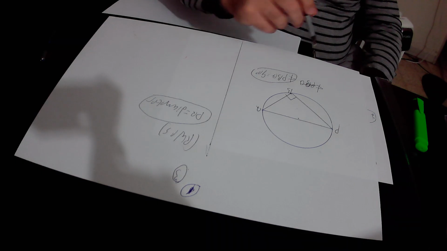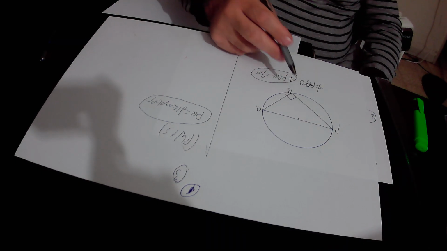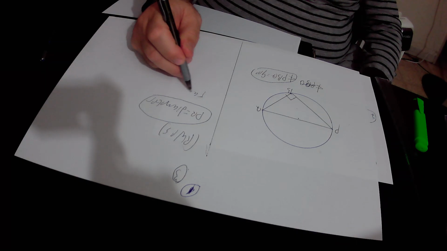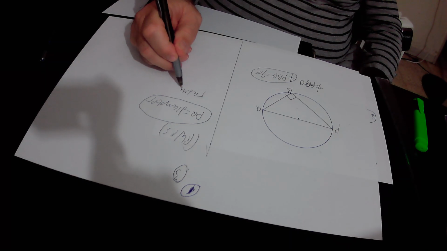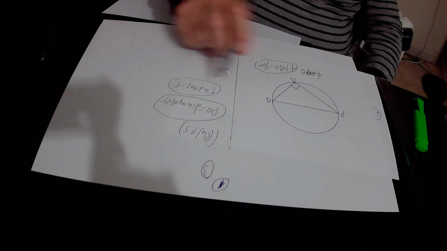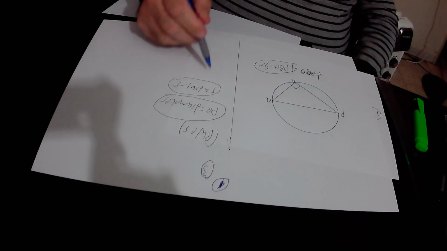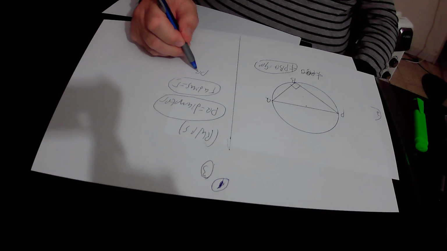So if we define the radius of this circle as R, then the diameter PQ must be equal to 2R.